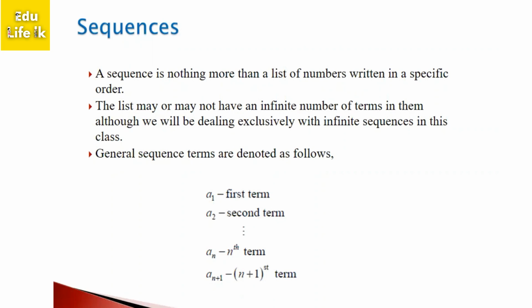The list may or may not have an infinite number of terms in it, although we will deal exclusively with infinite sequences in this class. So there are sequences called infinite sequences and finite sequences.